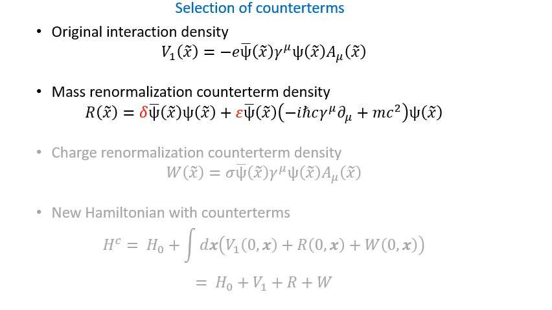Here we have our familiar Dirac quantum fields. Delta and epsilon are so-called renormalization constants whose values will be adjusted to satisfy renormalization conditions. W of x tilde is the charge renormalization counterterm density. Sigma is yet another undefined renormalization constant.